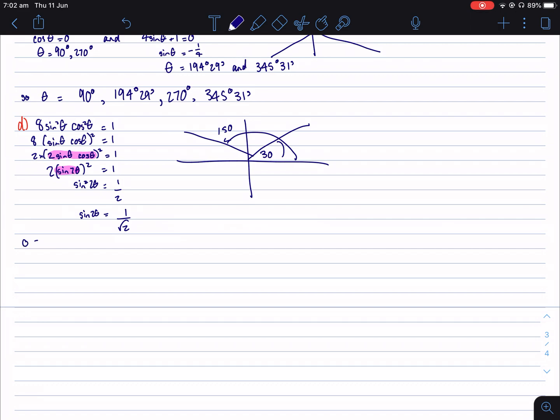Because we want theta between 0 and 360, we've got 2 theta, so we're going to be between 0 and 720. So we're going to keep all our answers going around for 2 revolutions, essentially. So sine 2 theta is 1 on root 2, obviously that's the 45 triangle. And it's positive in the first 2 quadrants.